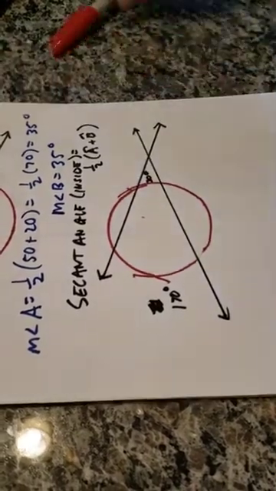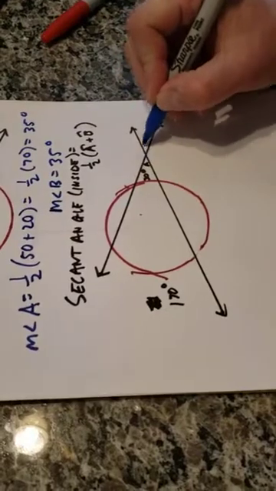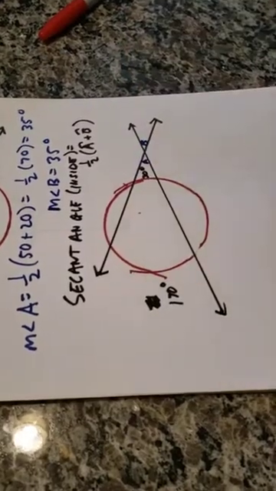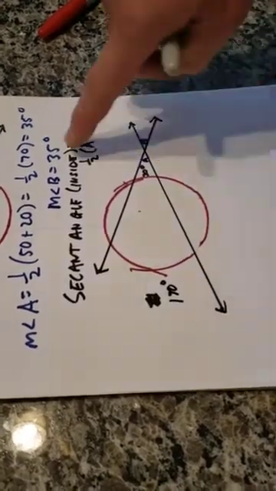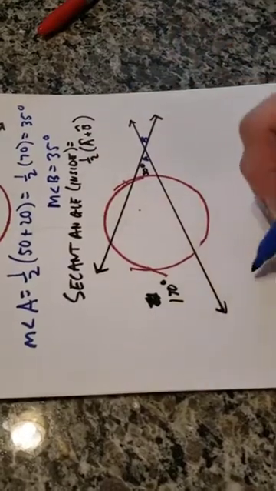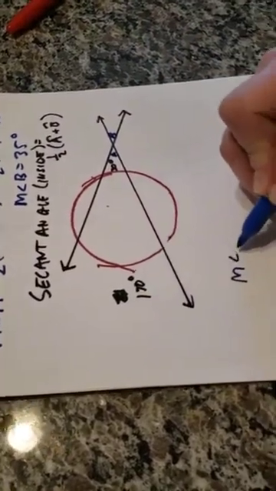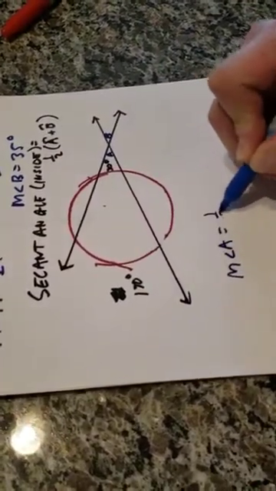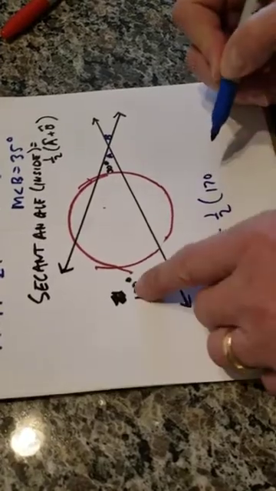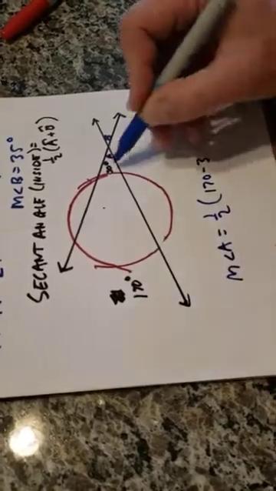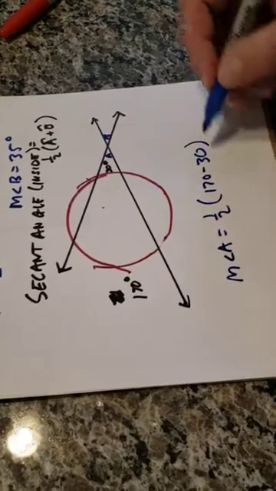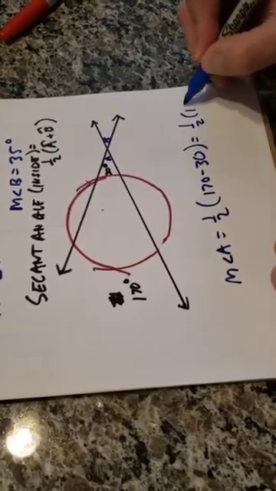Again, we've got angle A and angle B that are going to be vertical angles, so they are congruent. But in this case, instead of adding them as we did above, we're actually going to subtract them. The measure of angle A is going to equal half of the further arc, which is 170, minus the closer arc, which is 30. So we have half of 140.